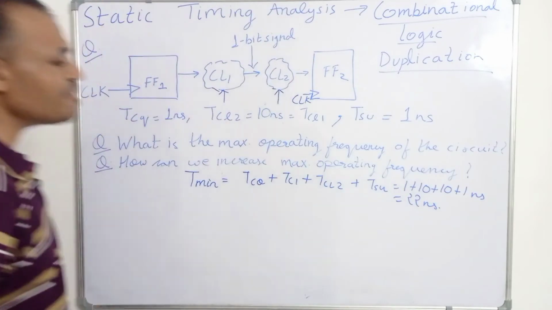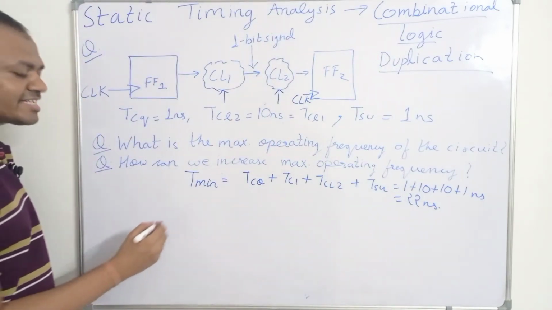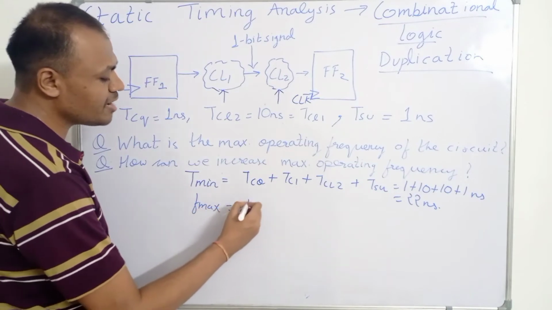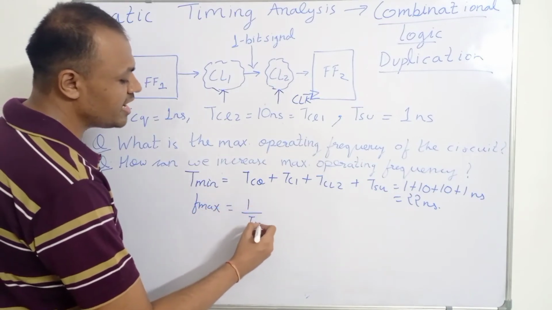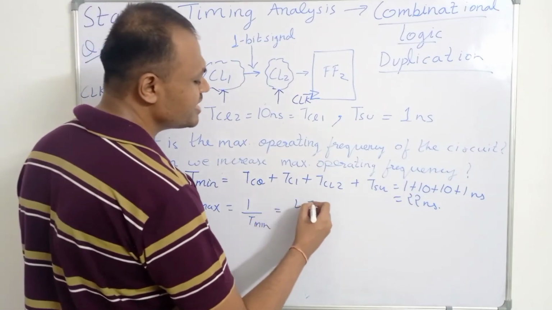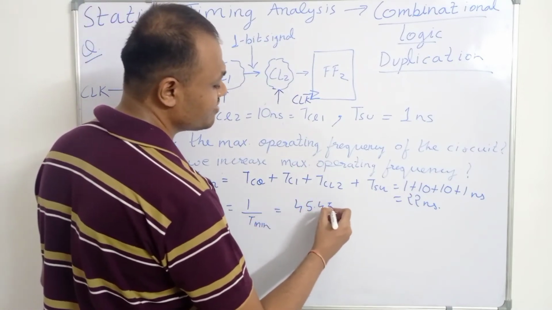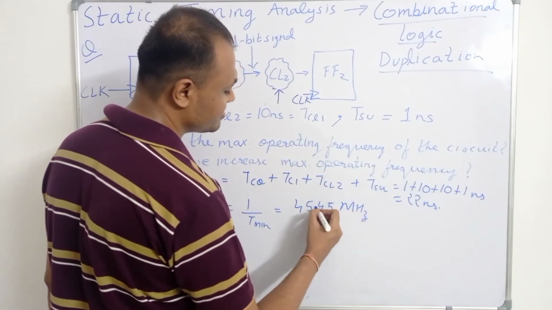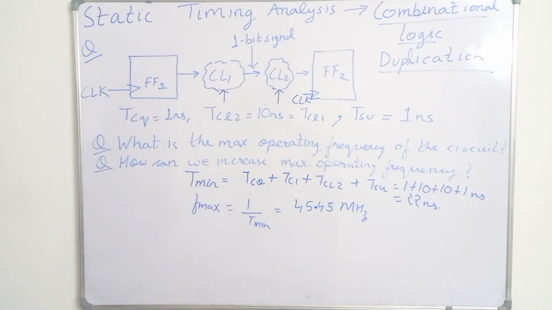So the minimum time period is 22 nanoseconds. The maximum operating frequency, or F max, is equal to 1 upon T min, so F max is 1 upon 22 nanoseconds, approximately equal to 45.45 megahertz. So this is the maximum operating frequency of this circuit.